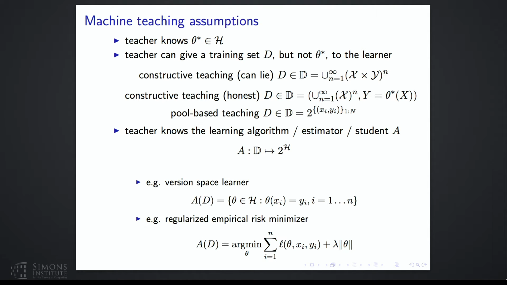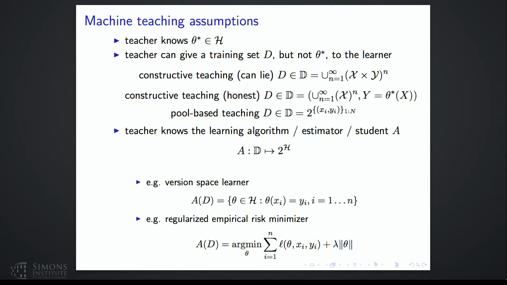The first one, I call it constructive teaching. In this case, the teacher can create a training set D. I'm going to use classification for most of the talk. And that's going to be in this capital D, which is a fancy way to say the union of n being 1 to infinity, x, y cross. This is just a way to say the teacher can create a training set of arbitrary size, any n.